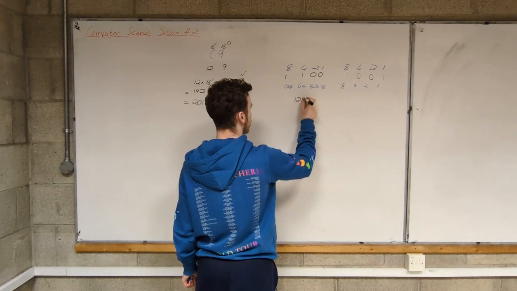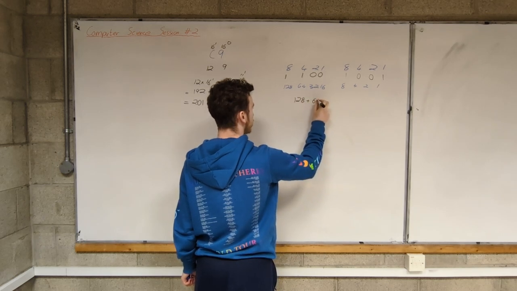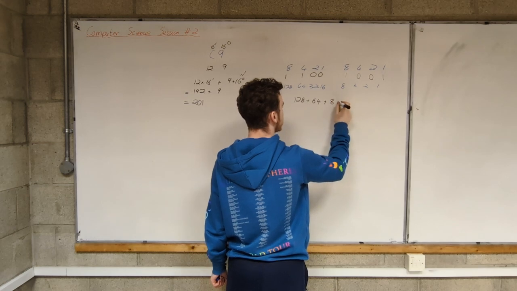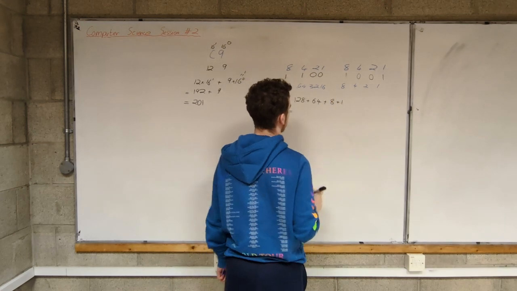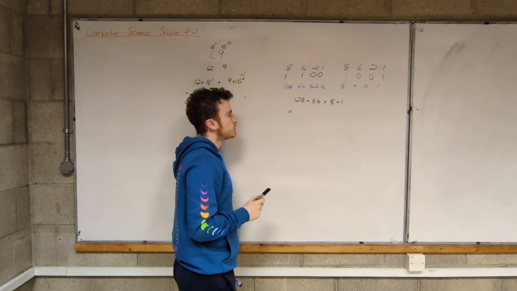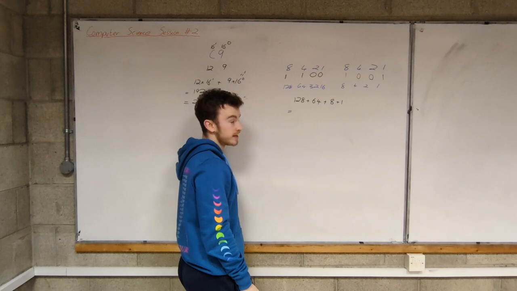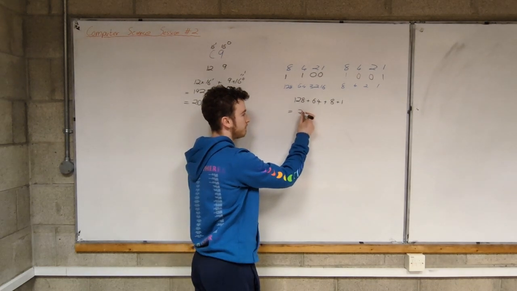So now we have 128 plus 64 plus 8 plus 1. So 128 plus 64 is 192, plus 9 is 201.